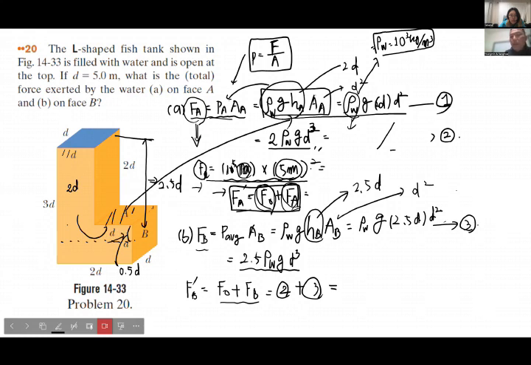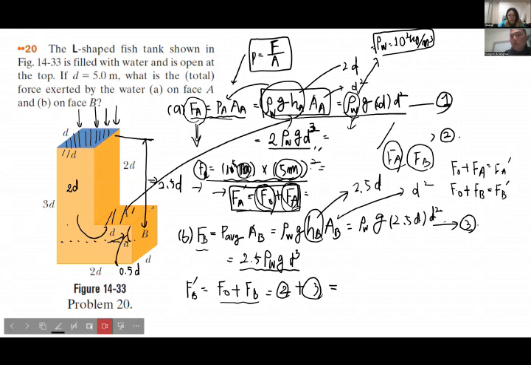FA and FB. But on top of that, the top of this container is also under pressure from the atmosphere. So you have to add pressure from air to pressure from the water. That is FA prime. Pressure from air plus pressure from water on the face B, that is FB prime.